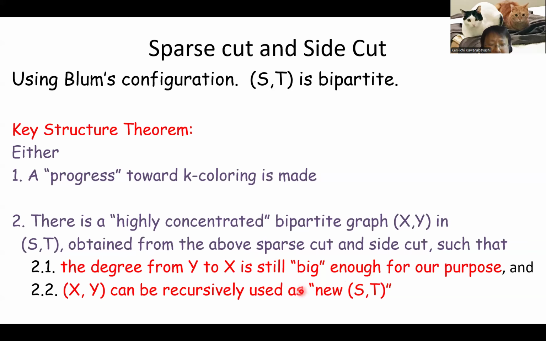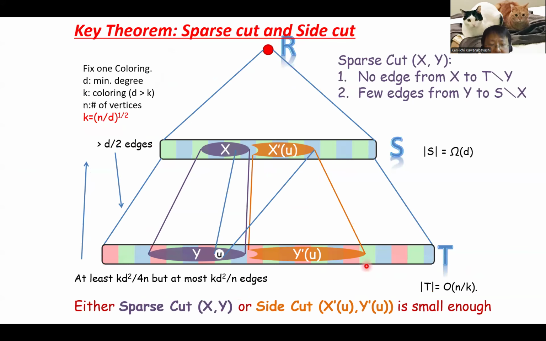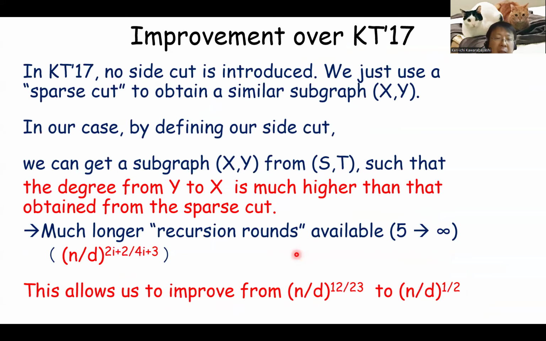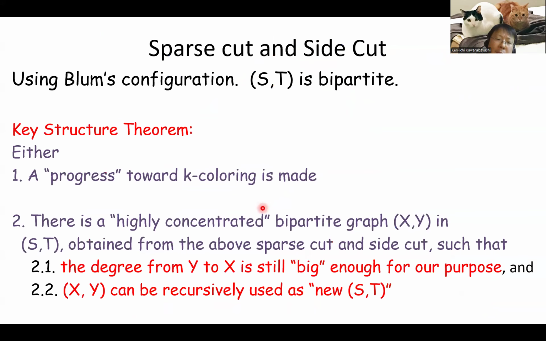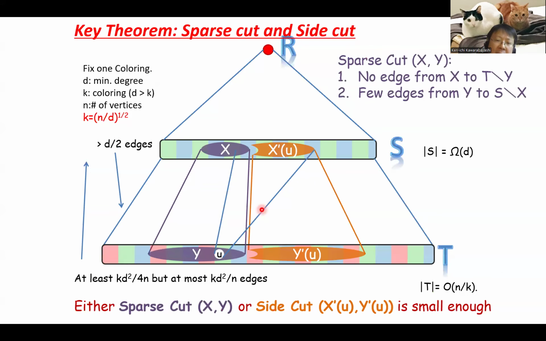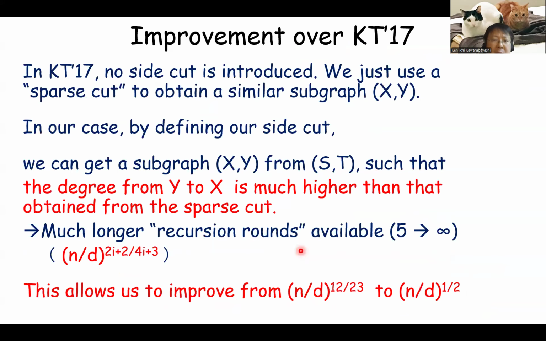But instead of looking at s and t, we look at x prime and y prime, sorry, here. This has some improvement over the previous work with Mikkel. In previous work, we didn't really introduce the side cut. We only dealt with the sparse cut.